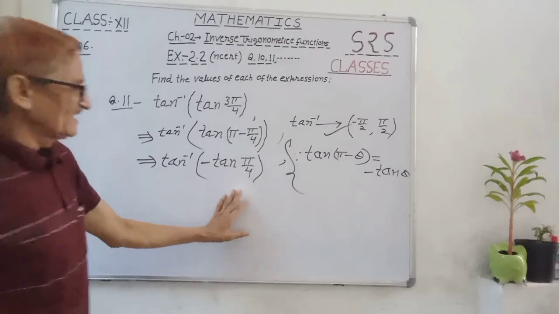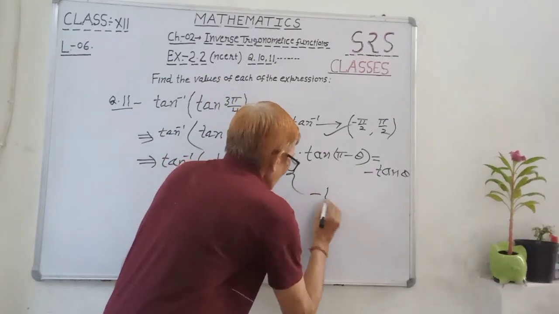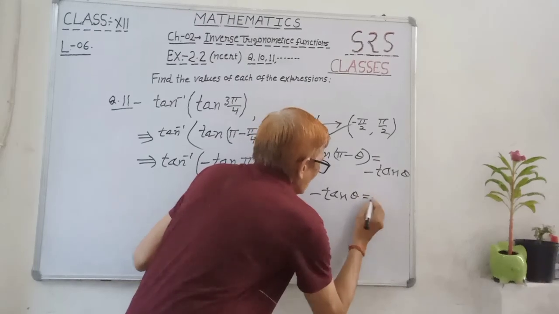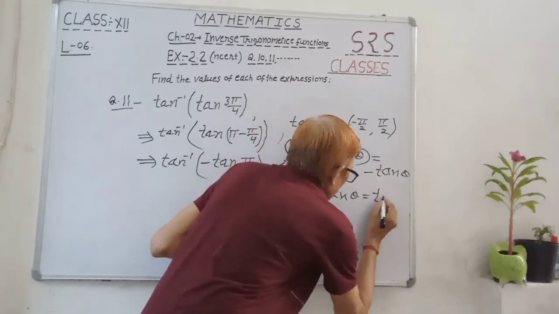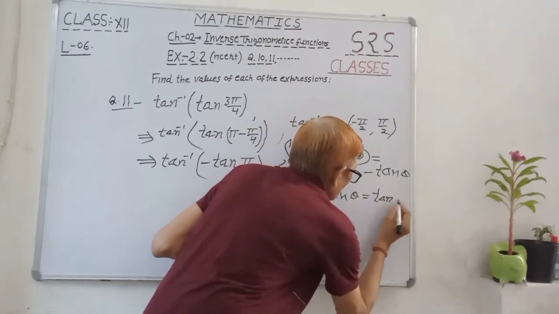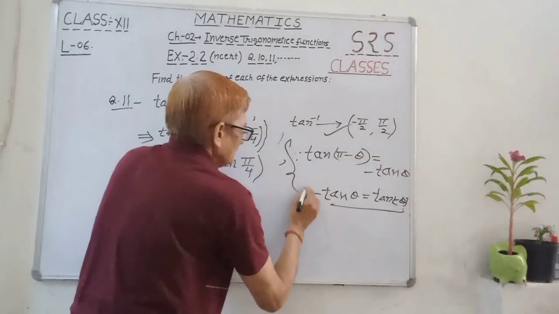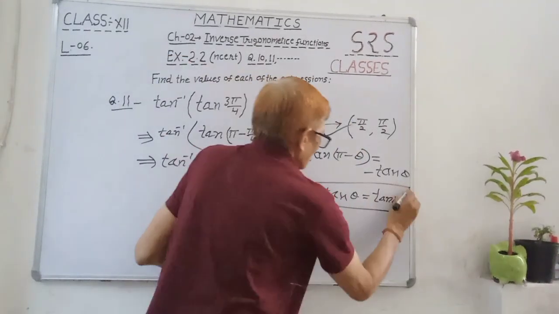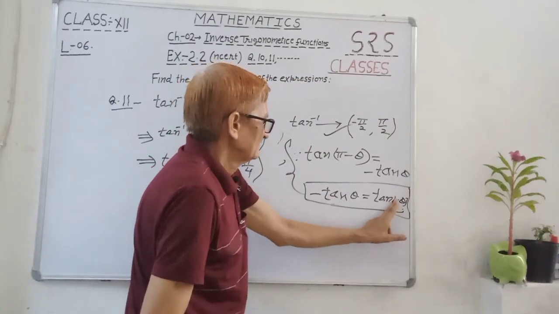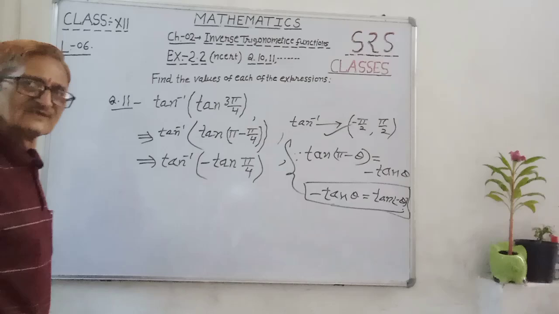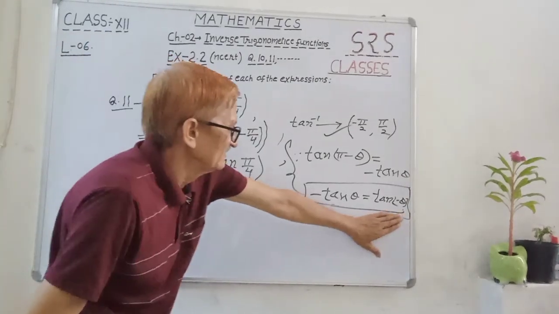Now we know tan minus theta is equal to minus tan theta. In plus 1 we have read this important thing.